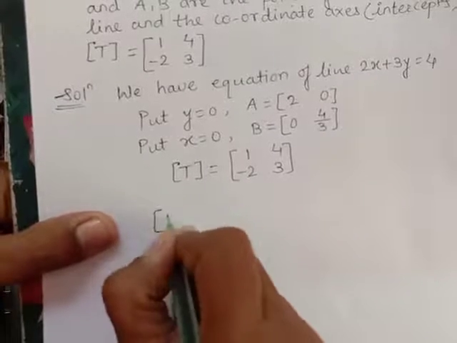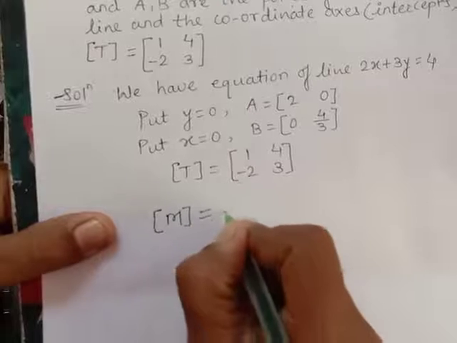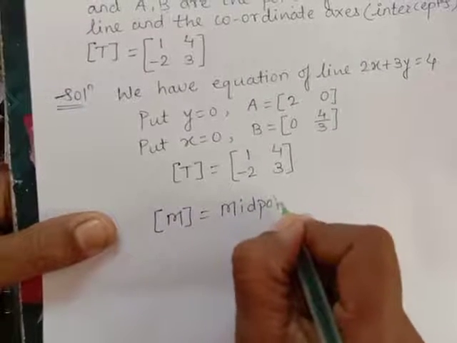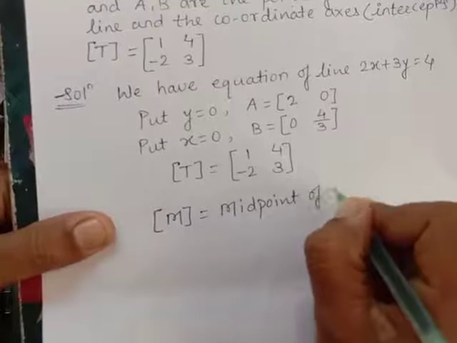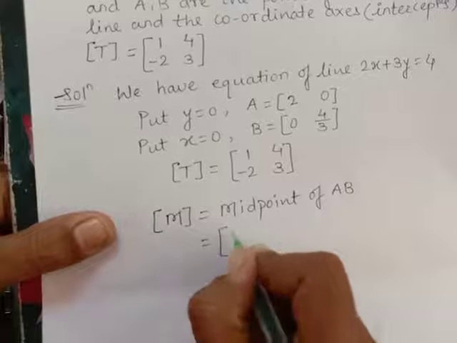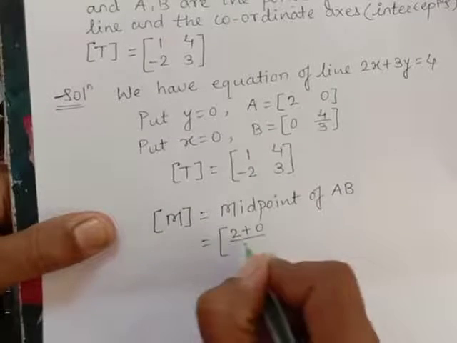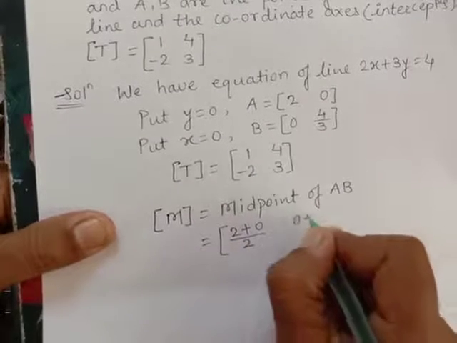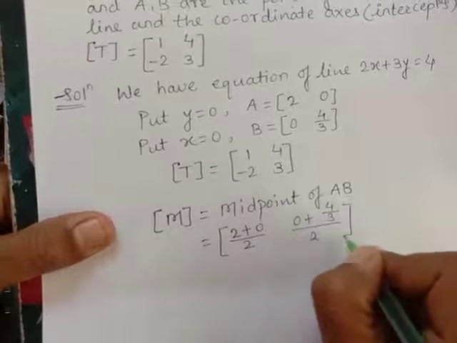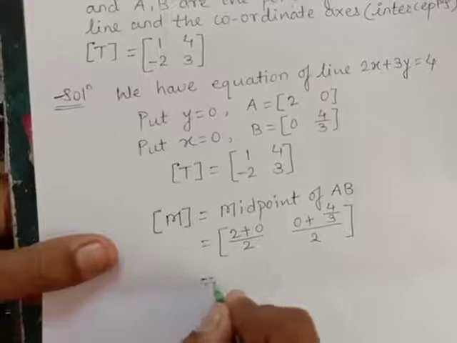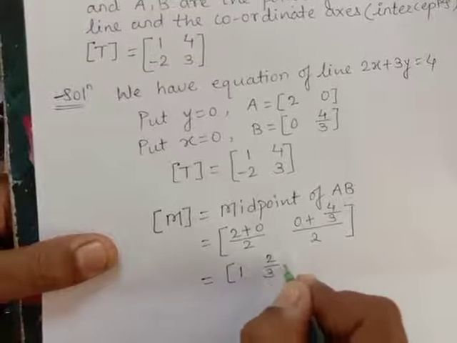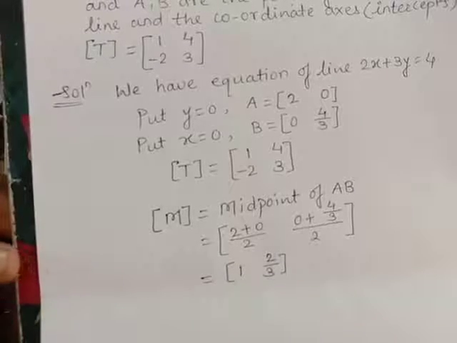M will be the midpoint of AB, that is 2 plus 0 upon 2 and 0 plus 4 by 3 upon 2, which is 1 and 2 by 3. This is the midpoint.